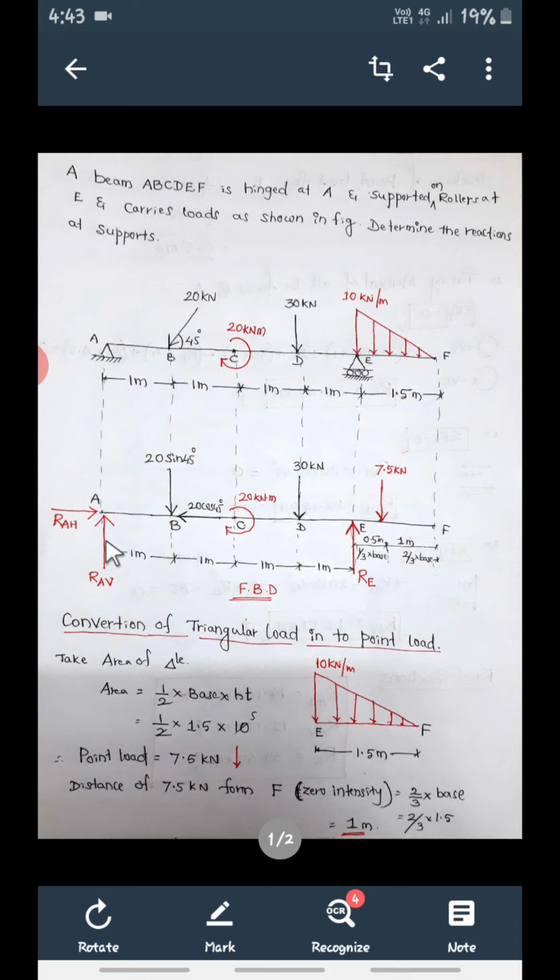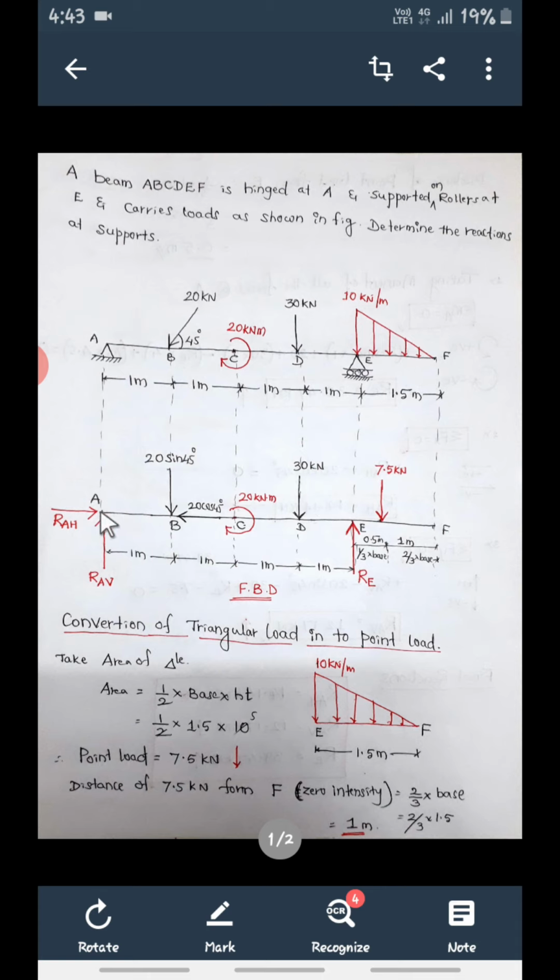Moment of RAH, moment of RAV, and moment of this 20 cos 45, because all these 3 will be passing through A only. There is no perpendicular distance. So moment of this is 0, moment of this is 0, and moment of this force is 0. Now we have to take these moments one by one.